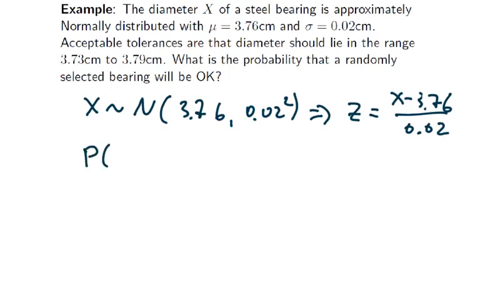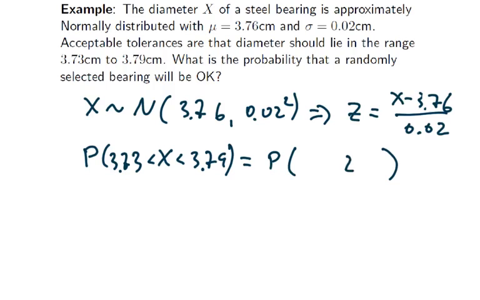Then what we want to find? We want to find the probability that value of random variable x lies in the range 3.73 and 3.79. And this probability will be equal to probability in terms of z.